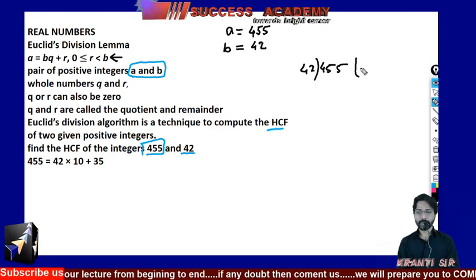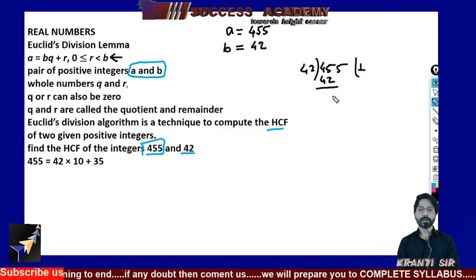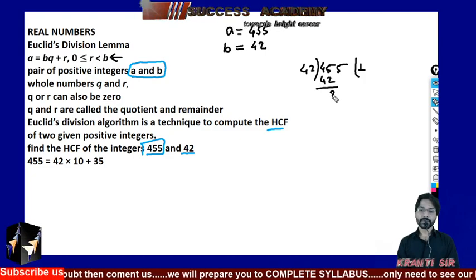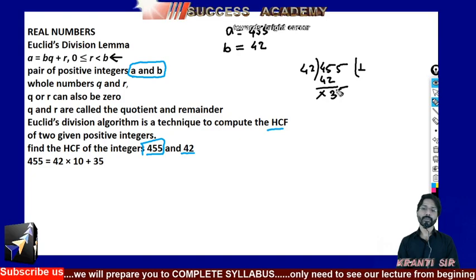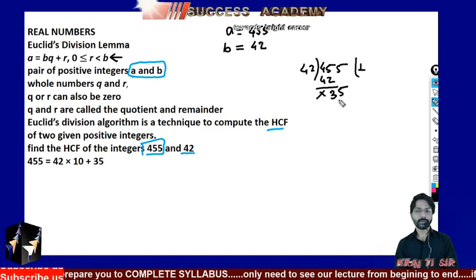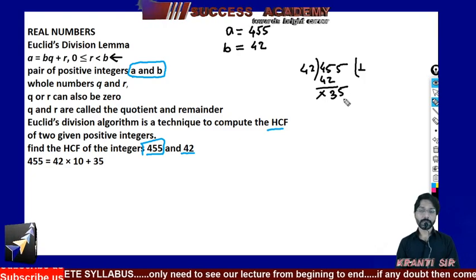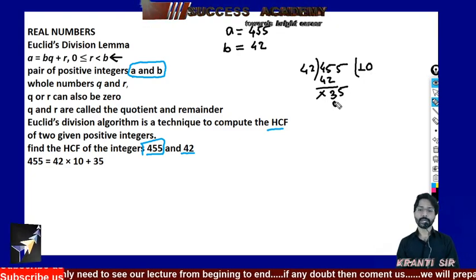So definitely 42 ones are 42. Now what will be the left part? 5 minus 2, that is 3, and here the 0 is cancelled out, and here it is 5. Now you are getting 35, and it is impossible to divide it, so I am doing the multiplication with 0, and here it is a 0.